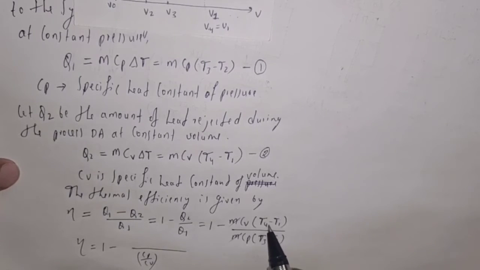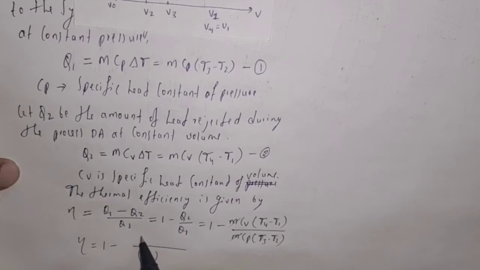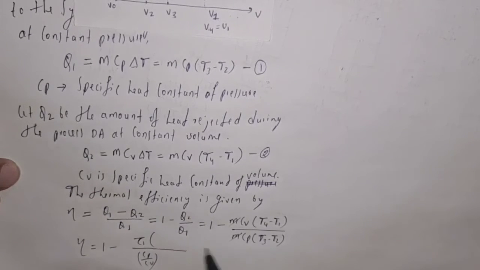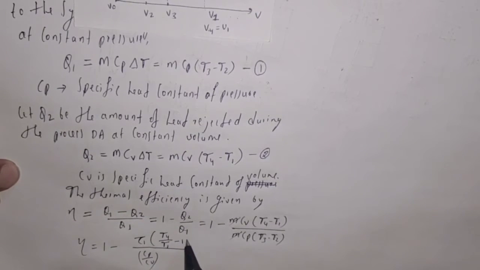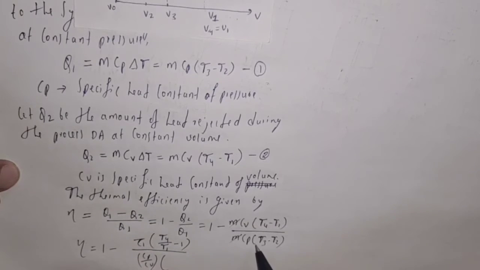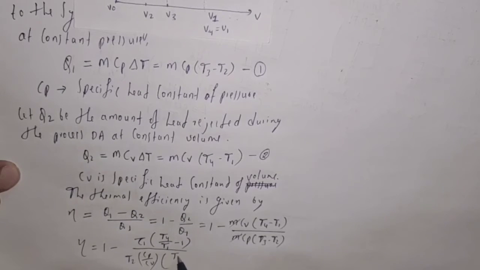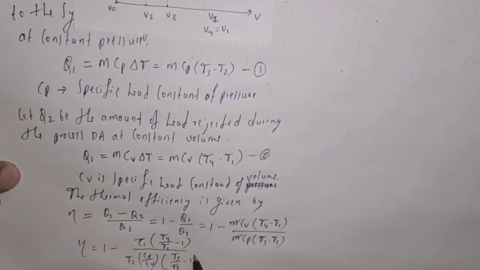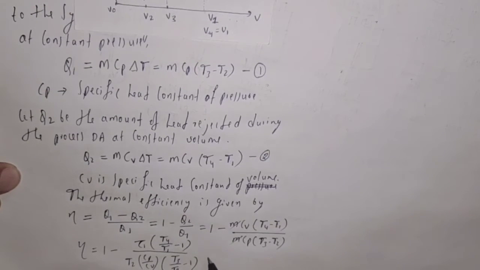Taking T1 outside in the numerator gives T1 (T4 by T1 minus 1), and taking T2 outside in the denominator gives T2 (T3 by T2 minus 1). Let us denote this equation by 4.